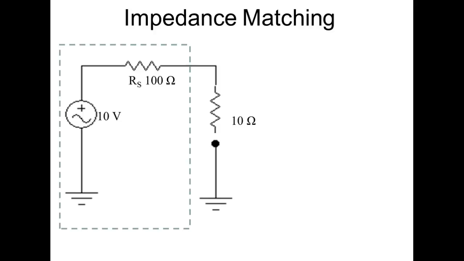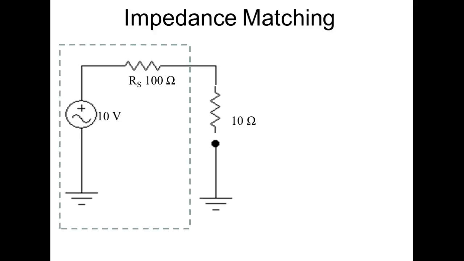So the common emitter output impedance is high. The common collector output impedance is what? Low. So that's why we use common collectors to drive speakers or drive big power loads. Anything that needs a lot of current, we're going to use a common collector. Anything that needs a lot of voltage, we're going to use a common emitter. That makes sense?